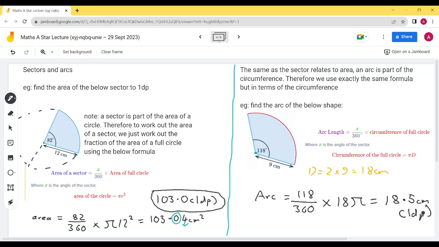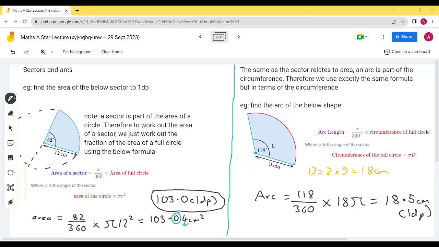So you can see the logic of the arc and the sector is very, very similar. It's all to do exactly with a relation between the two parts. But we're going to have a look as well at a quick past exam question.